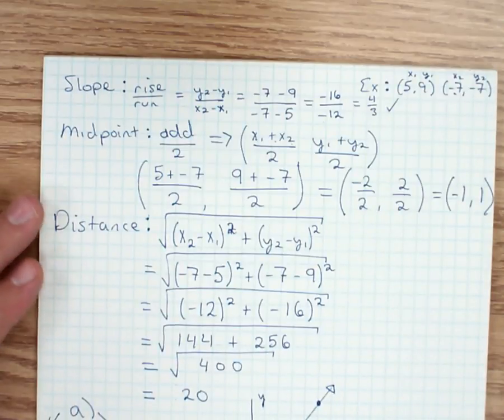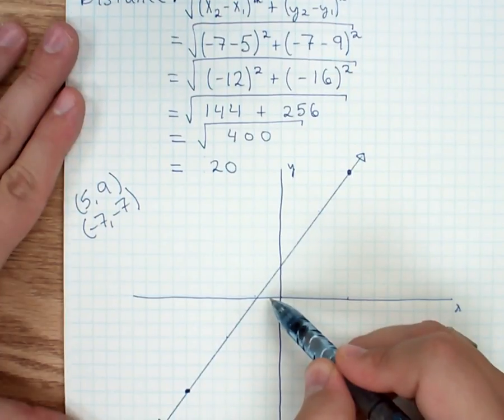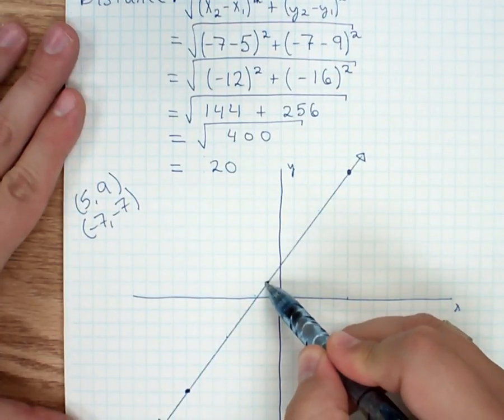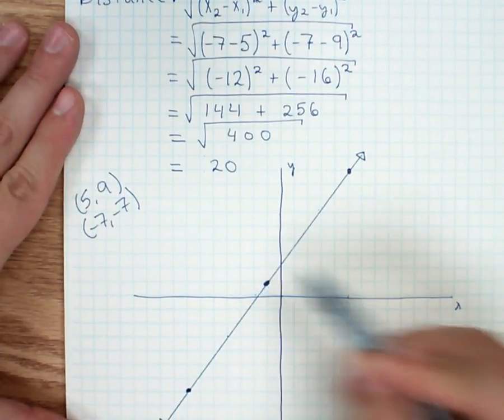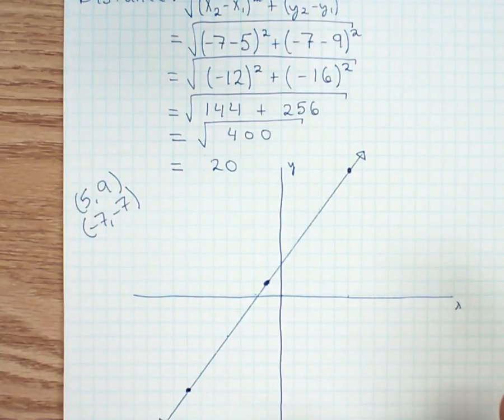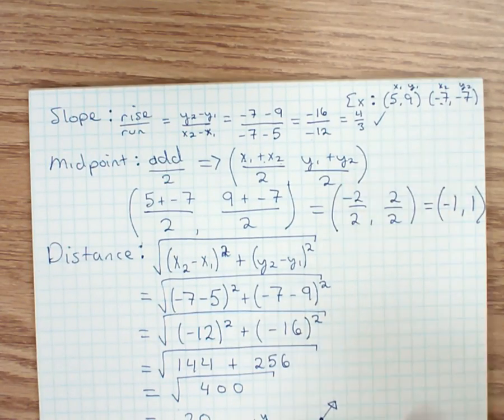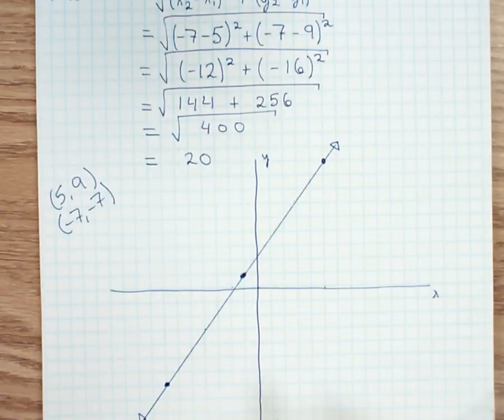All right, now our midpoint is negative 1, positive 1, right? Now, by my eyes, that looks correct. And there are different algebraic ways you could check, and I am not going to teach you exactly how to do this in that way.